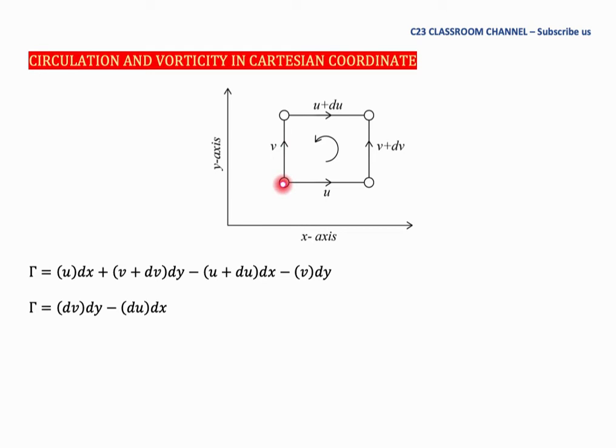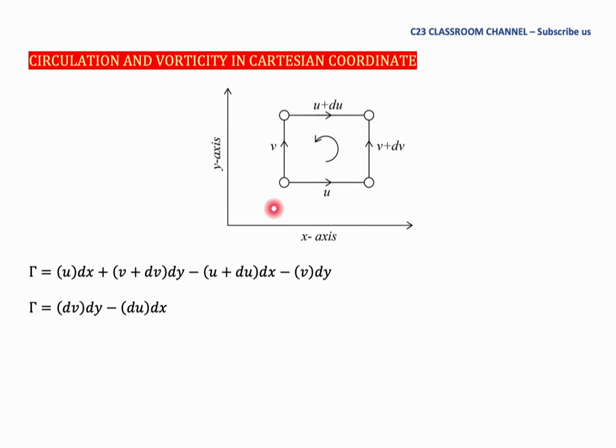So first, you need to know how to calculate the circulation. The circulation is the multiple of velocity u and the distance traveled by the fluid, meaning this distance.